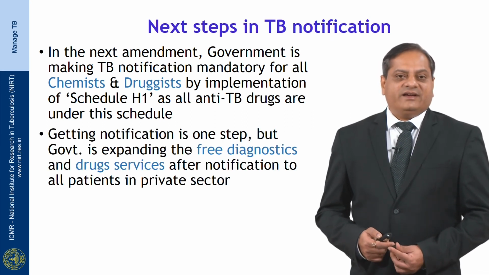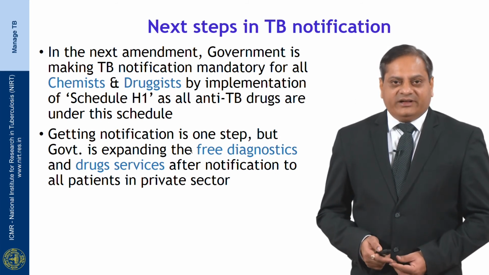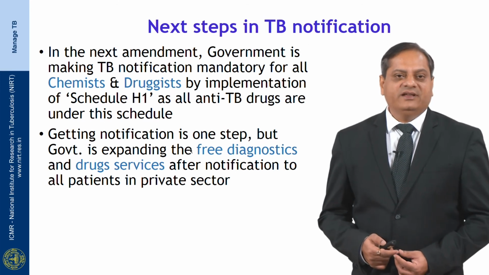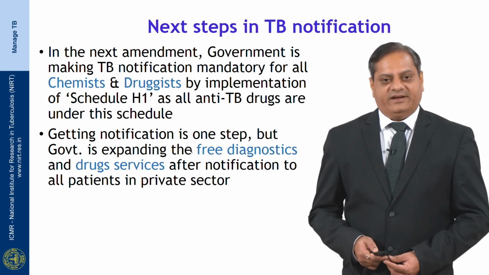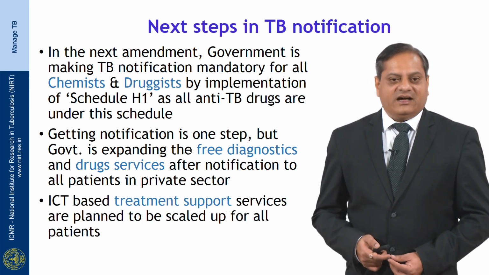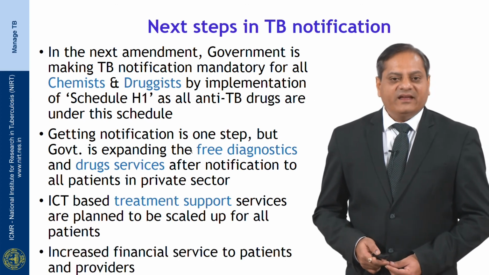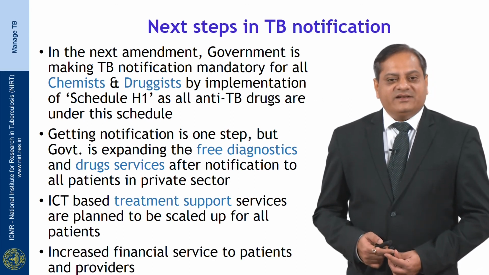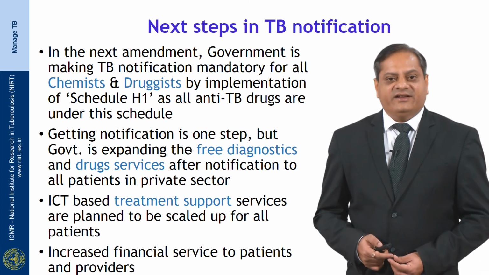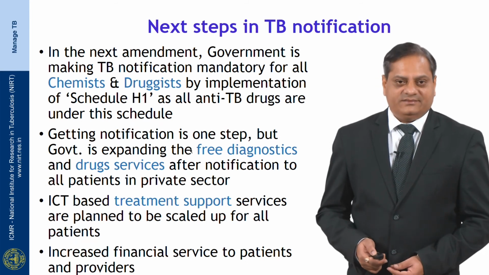Free diagnostics and free drug services are being expanded across the country, not just in the public sector, but for all TB patients in the private sectors if they are notified. ICT based treatment support services are planned to be scaled up for all TB patients. There are increased financial services to patients and providers as has been planned in the National Strategic Plan and which will be implemented from 2018 onwards.